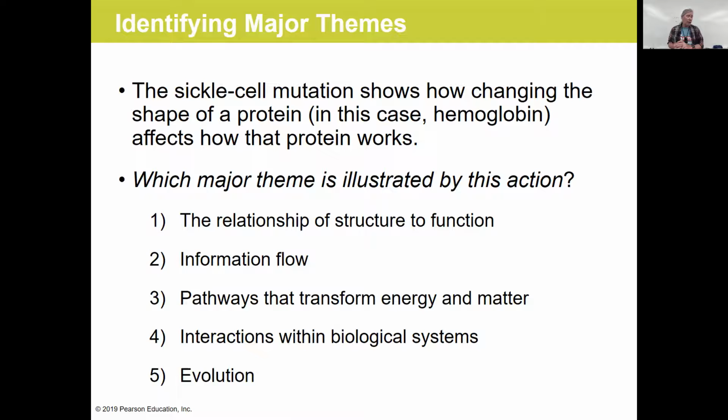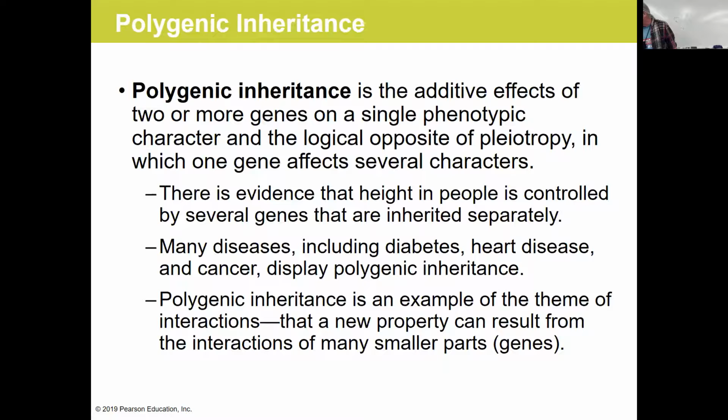Now, they have to be careful about being in low oxygen situations, but they can survive and live relatively normal lives. So they are selected for in evolution, and that's why it's much more common in people of recent African ancestry. So which major theme is illustrated by this? The relationship of structure to function, as you'd already said before.